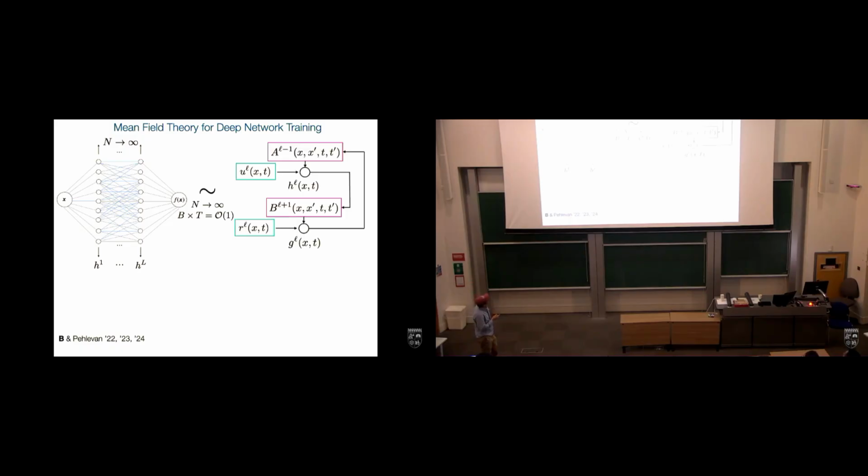Okay. So the claim is if you do this order of limits, you can replace every hidden layer with a forward variable h, which is like the typical h variable. You can think about it as one random draw from one of these neurons in this hidden layer. And its corresponding backward pass variable g. So this is a gradient that I'd get by going backwards through the network.